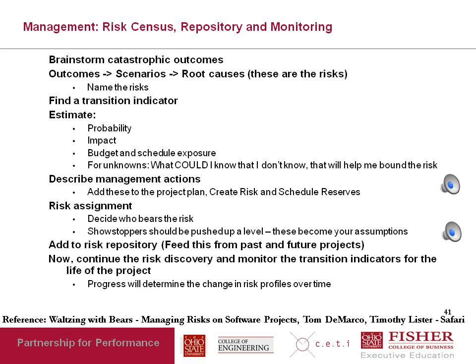The next one is an interesting one, which is risk assignment. A good example of why you might do risk assignment is an example like this: this product or this software application must get market acceptance. The development team could look at that risk, which is the risk of market acceptance, and say, this is not our problem.